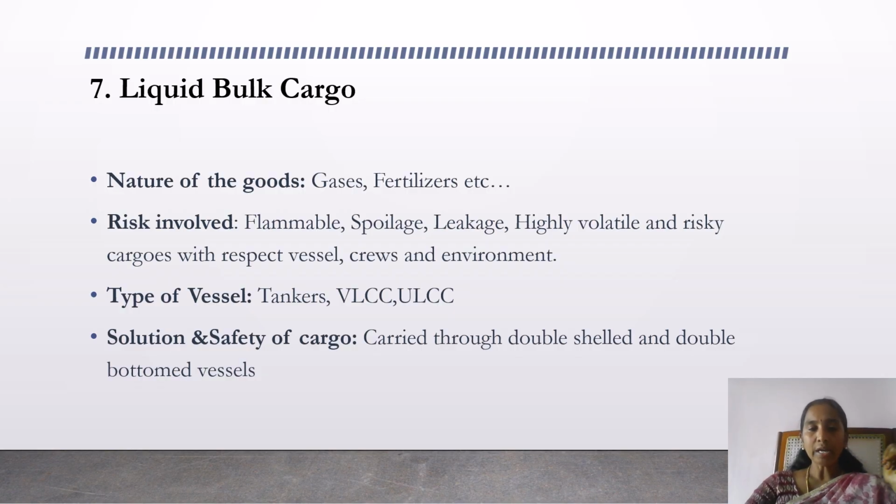So here how can it be carried safely? It can be carried through double shelled and double bottomed vessels. It is absolutely according to the nature of the deck of the vessel, which makes sense of how safely the liquid bulk cargo can be carried.